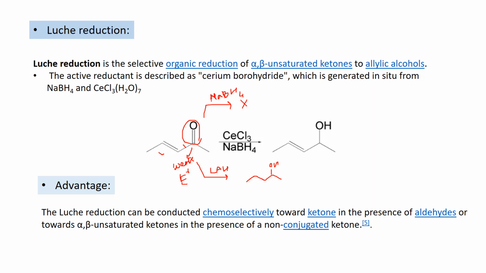Whereas if you add cerium chloride along with this NaBH4, we can get our desired reduced product. So you are understanding that problem and what we are overcoming by this reaction. Normally, if we add LiAlH4, it can reduce the double bond also. We want to keep the double bond intact.